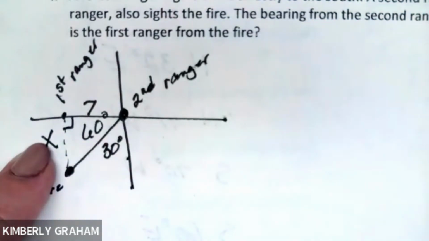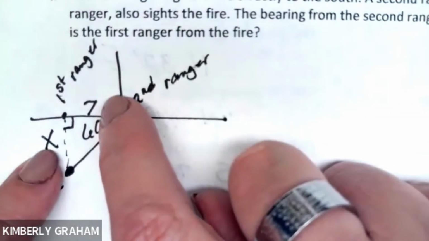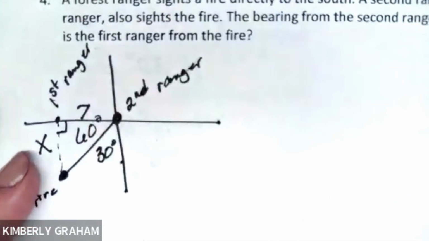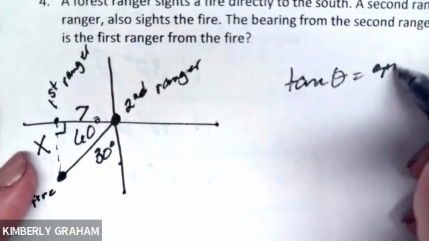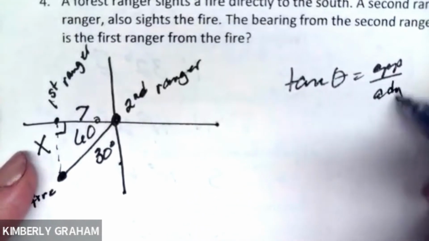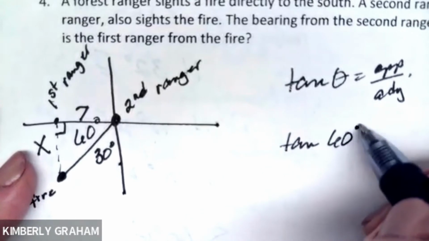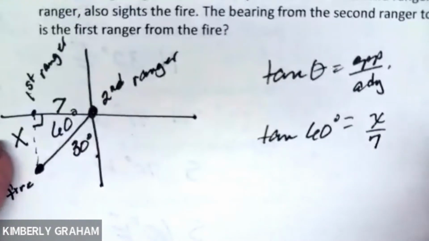Well, what relates this angle of 60 degrees and the adjacent and opposite sides? Well, that's the tangent. The tangent of theta is opposite over adjacent. So I know that the tangent of 60 degrees is going to be x over 7.